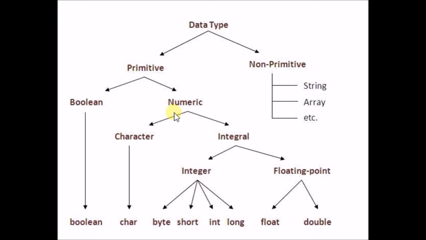Numerics is categorized into characters, that is char, and the integral part. The integral part is defined into two categories, integer and float types. The integer type is defined as byte, short, int, long, and the float type is defined as float and double. So we are going to see the data type sizes and ranges.